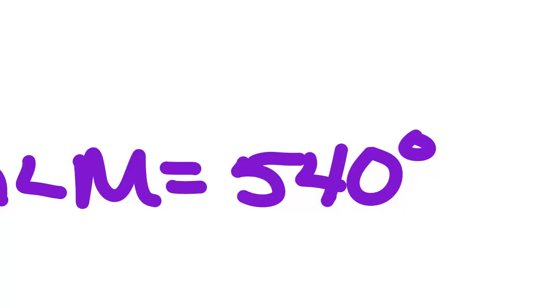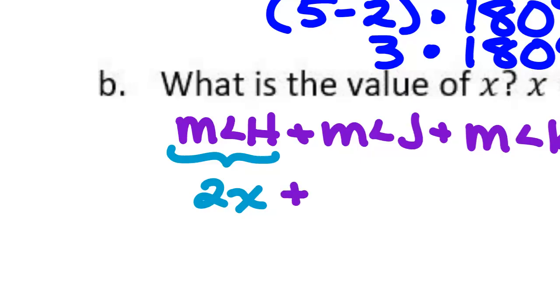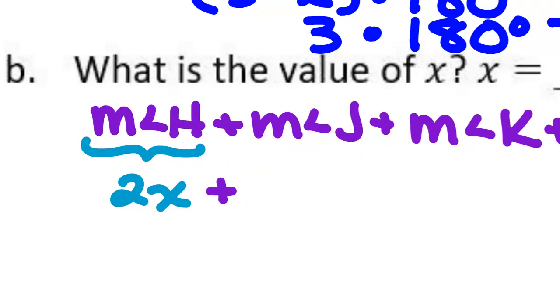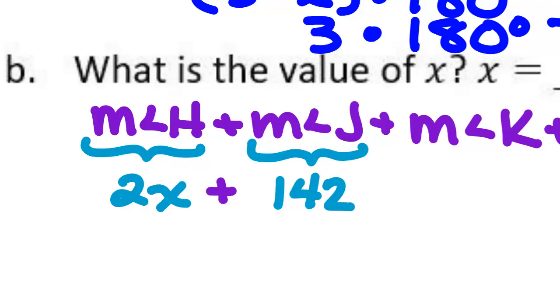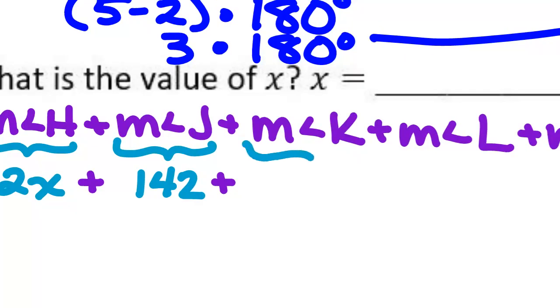All right, let's substitute in what we know. How big is angle H? 2x. So in the place of this, we're going to replace that with 2x plus, what should go in for J? 142. You can put the degrees symbol on there, that's fine. What about angle K? 2x.